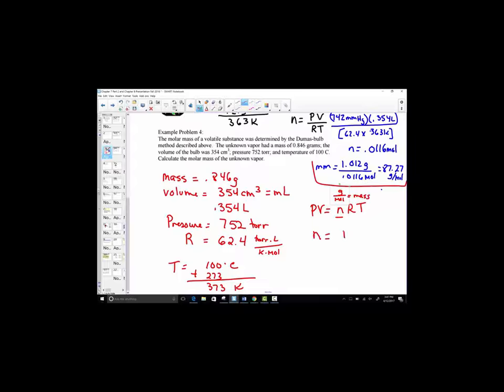The number of moles, just rearranging, is PV over RT. Here we had the pressure given to us as 752 torr. The volume in liter units, 0.354 liters. Set over our Kelvin temperature and our gas constant. We'll put 62.4 and 373 Kelvin. Remember, this is the product, so make sure we put that inside a parenthesis.